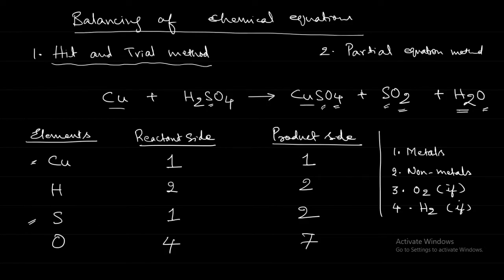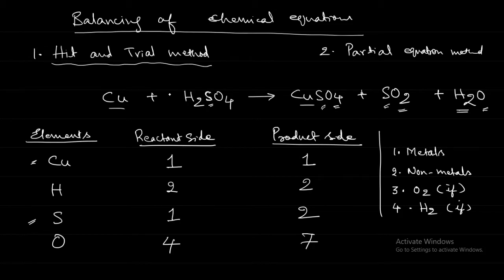So let us try to balance the sulfur. Sulfur on the reactant side is 1, and on the product side 2 are there. So what do we have to do to balance it? We can put 2 before H2SO4, so that 2 sulfurs can come.